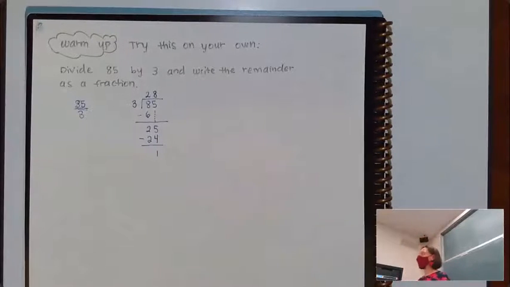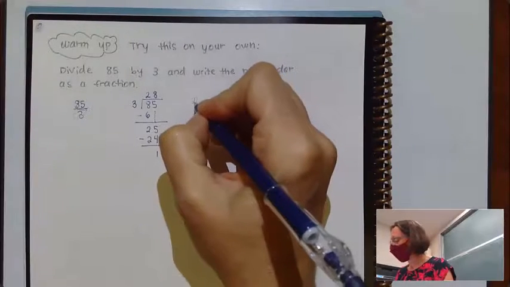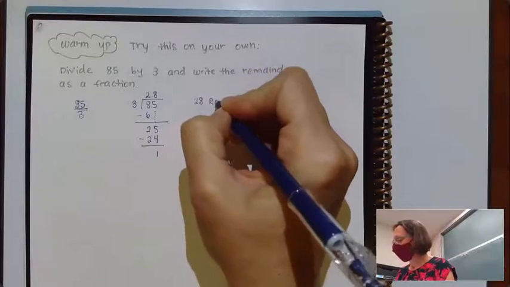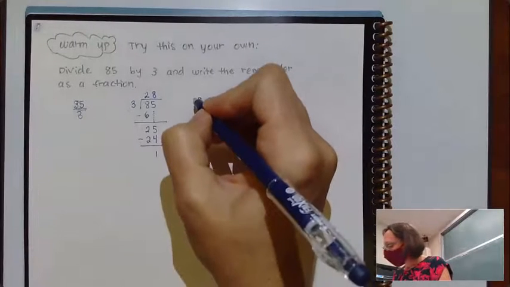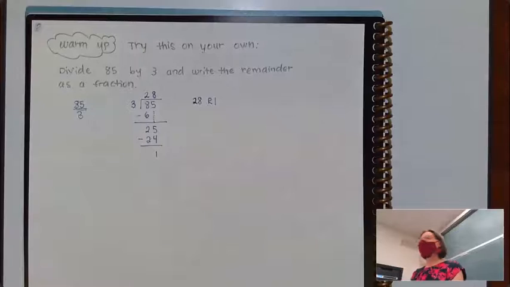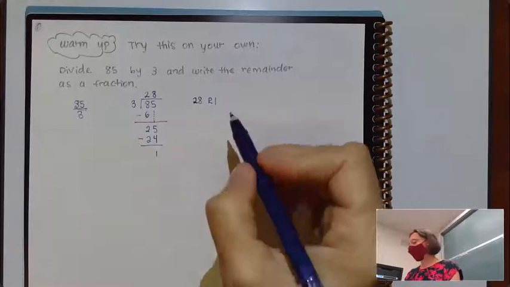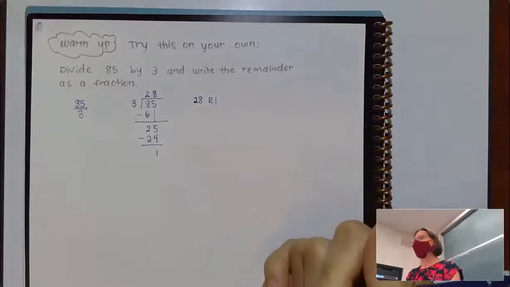Now, there were different ways that we could write this. Like back when you were a little kid, maybe you would write the answer as 28 remainder 1. But the other option, and this is the one that we're going to use when we do polynomial long division, is that we can actually write that 1 as a fraction.